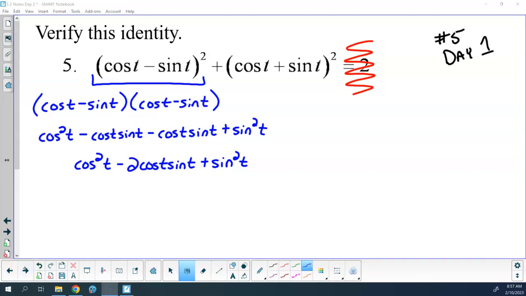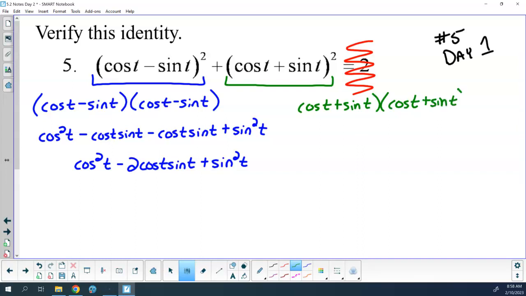So that's the left one of those two. Then I come over to here and I can expand that one out. That's going to be cosine of t plus sine of t, cosine of t plus sine of t.